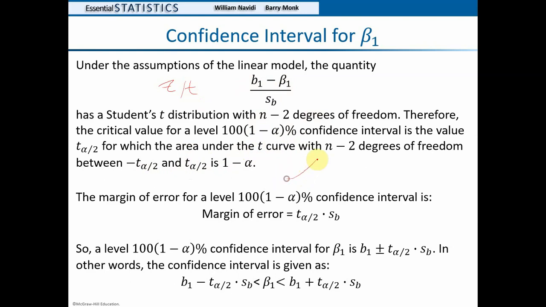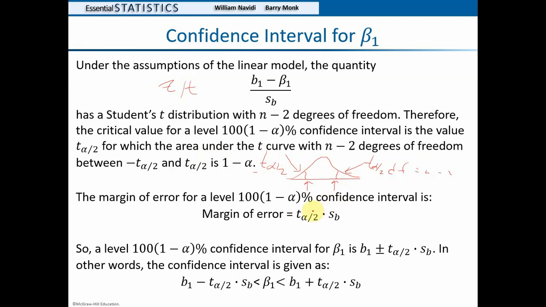So how do I do confidence intervals? This is t alpha over 2, and this is like the minus t alpha over 2, df n minus 2. So it all depends on alpha, but I need those critical values.